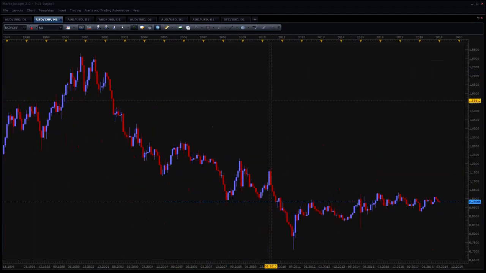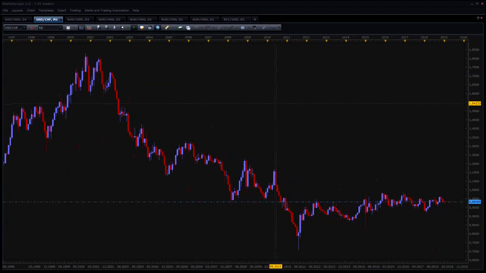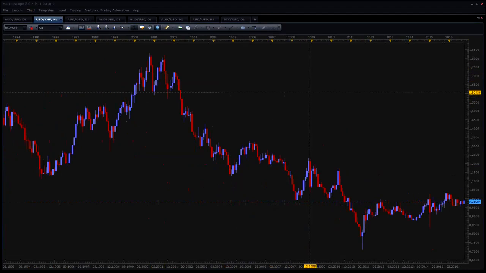Is it an uptrend or is it a downtrend? The market used to be a downtrend, for some reason found support in the 90s, and then rallied for 5 years, found resistance, consolidated.